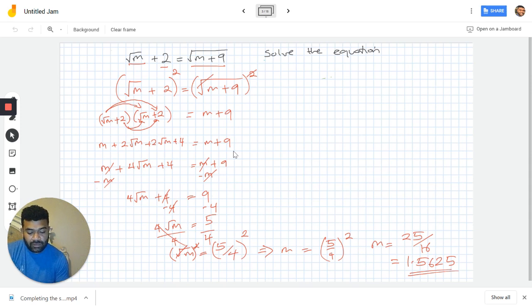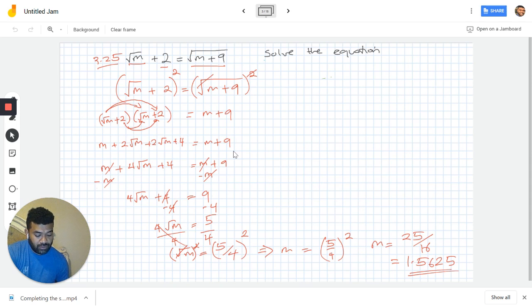On the left, I will have a square root of 1.5625, and then plus 2 is going to give me 3.25, and then I want to see if it's also equal to the right. 1.5625 plus 9 gives me 10 and 9 over 16, or as an improper fraction, 169 over 16.